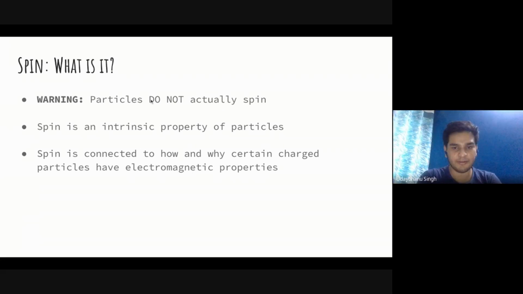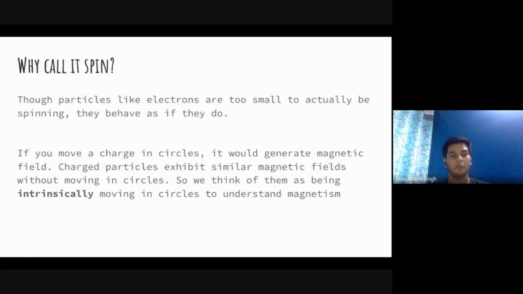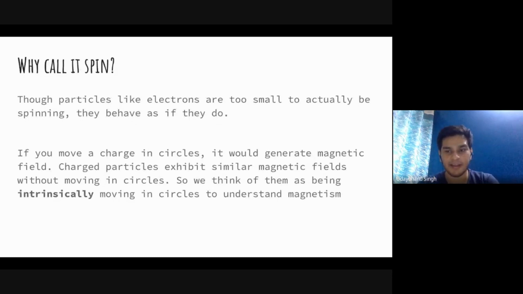So now let's talk more about why we call spin spin. I discussed earlier that it's a very common confusion for students to think that when they hear the word spin, the particle is actually spinning. And when we're naming something, we usually want the name to be self-explanatory, right? So why did we name dark matter dark matter?